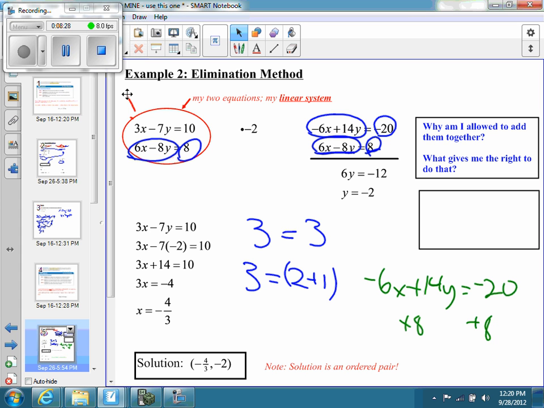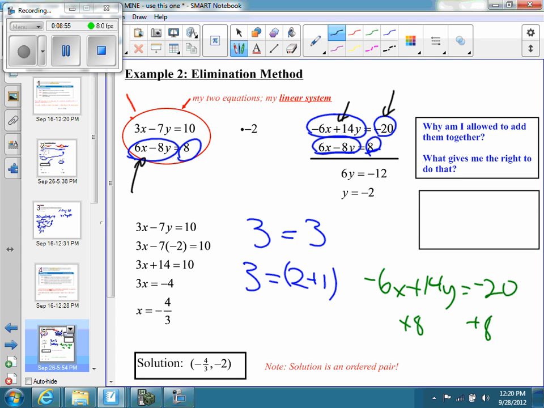I didn't say it's equal to 8. I said this part right here, this 6x minus 8y, is equal to 8. So I added 8 to this number right there, that equation, and I added 8 to that number. I added 8 to both sides of that equation. I don't get why you're saying the top. Oh, okay. I just added 8 to both sides of the equation.